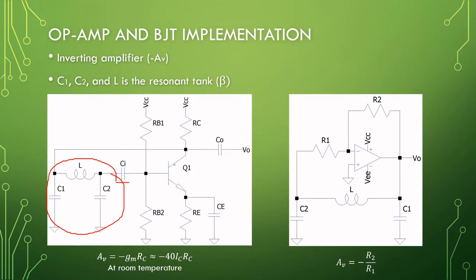This is also an inverting amplifier, so the LC tank also needs to bring its own inverting effect so that we can have positive feedback in the system. The op-amp implementation is quite simple. We have our negative feedback here, which gives us our gain, and our LC tank is in the feedback path.